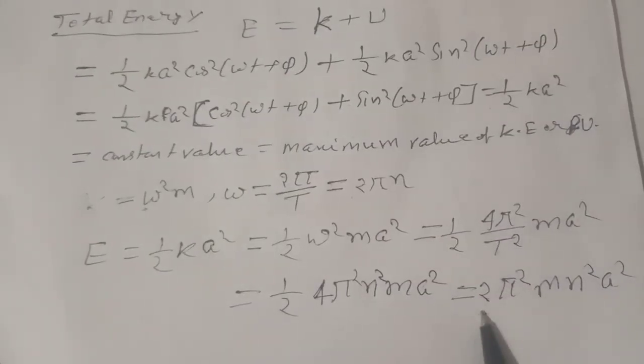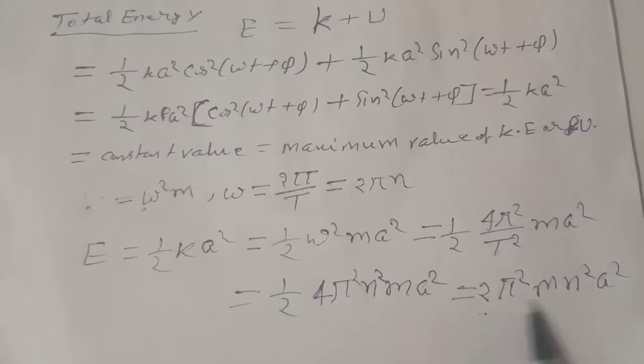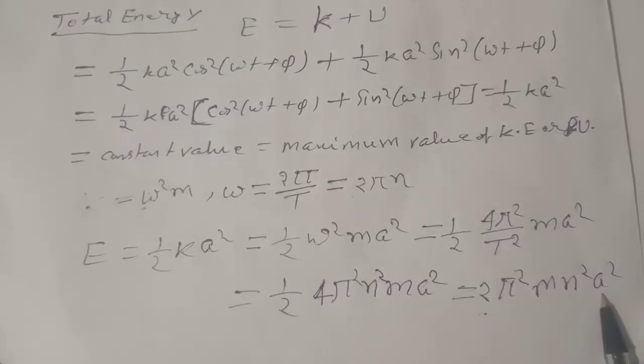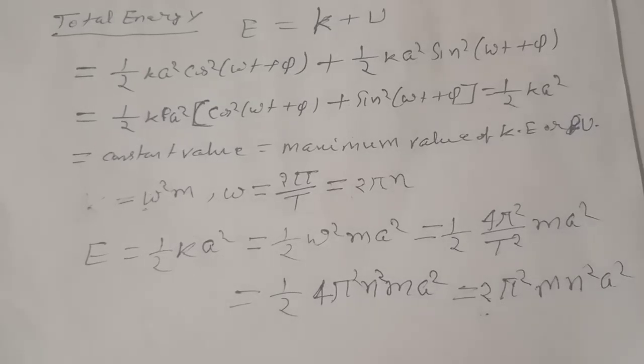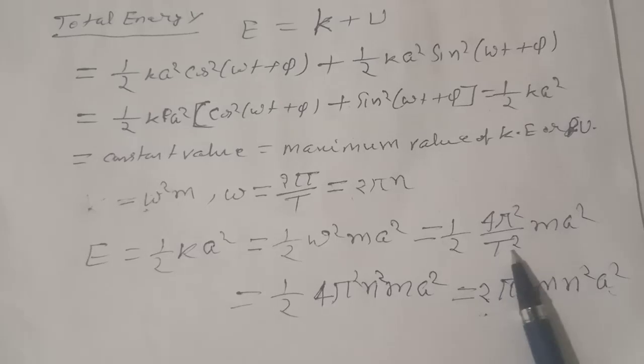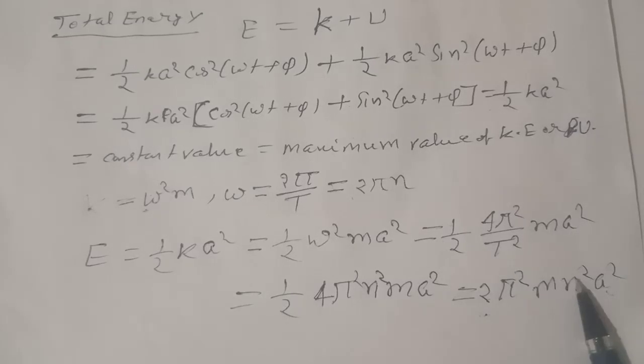Here we see that the total energy in SHM is given by 2 pi square m n square a square. Here m is the mass of the oscillating particle, n is the frequency, and a is the amplitude of oscillation. Thus, the total energy of the particle is directly proportional to the square of the amplitude, inversely proportional to the square of the time period, and directly proportional to the square of frequency.